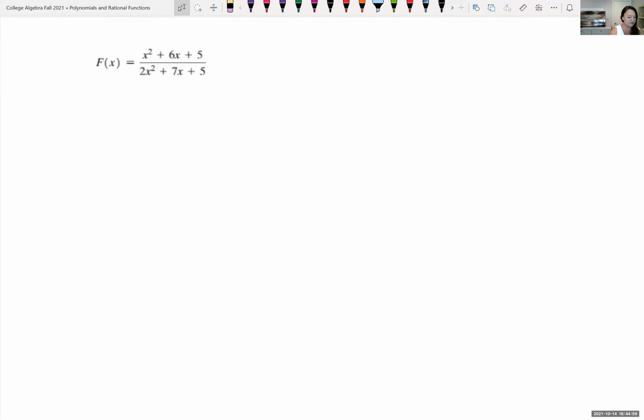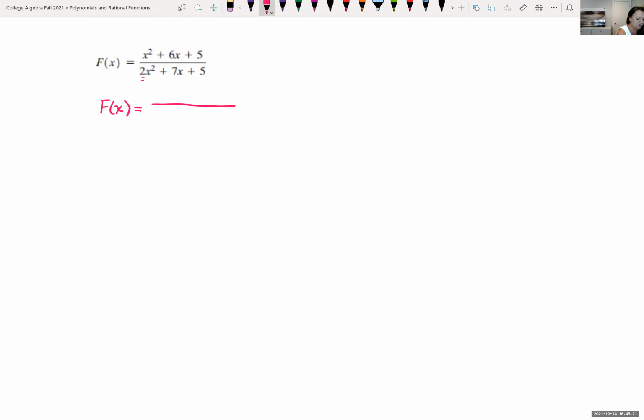Okay, so one more. f of x equals our numerator, x squared plus 6x plus 5, and that's all over our denominator, which is 2x squared plus 7x plus 5. First step, we want to figure out our domain, and we can do that by factoring our denominator, but we're going to need to factor our numerator also.